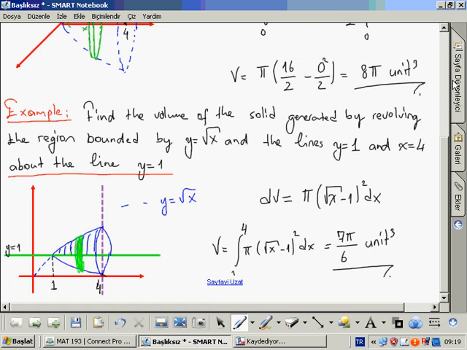And then let's continue with the region revolved about the y-axis to generate a solid.